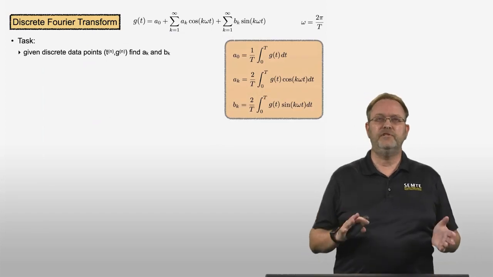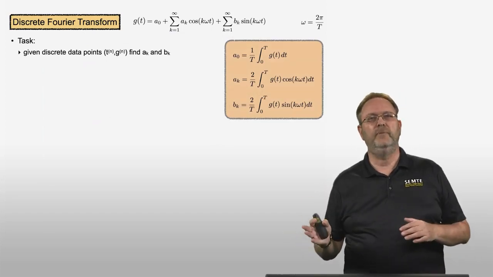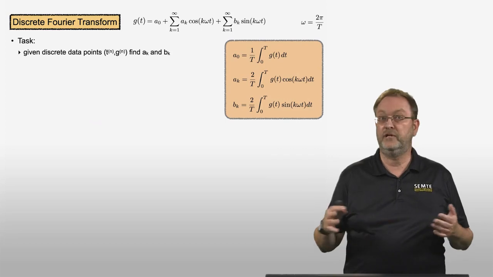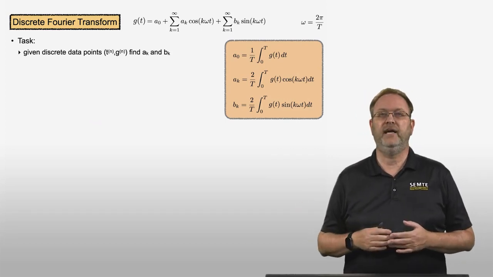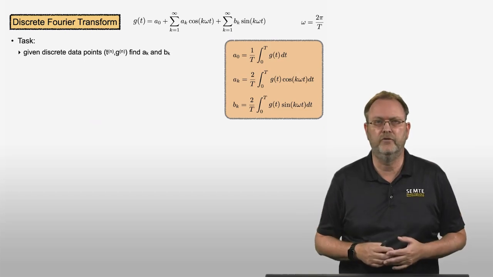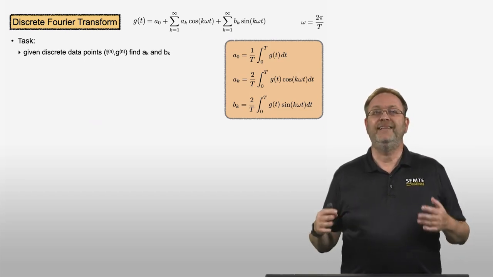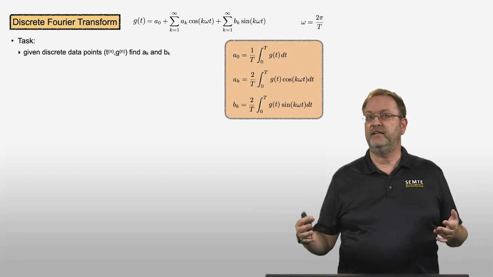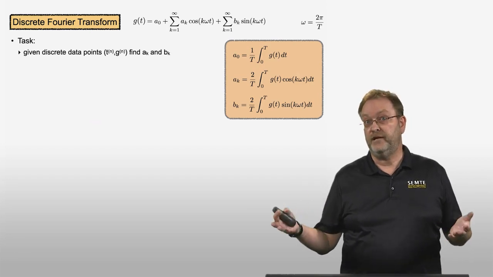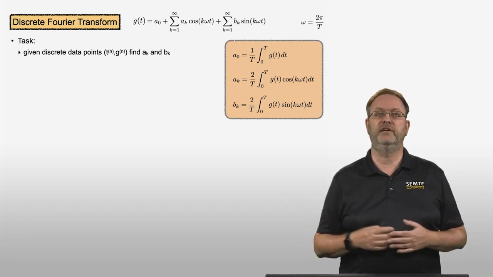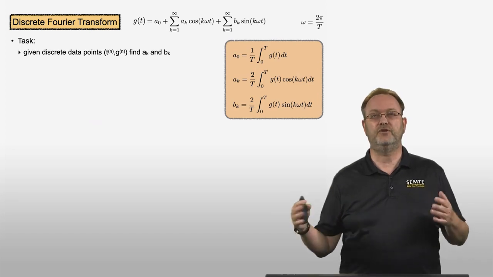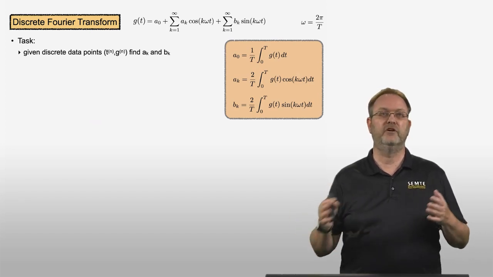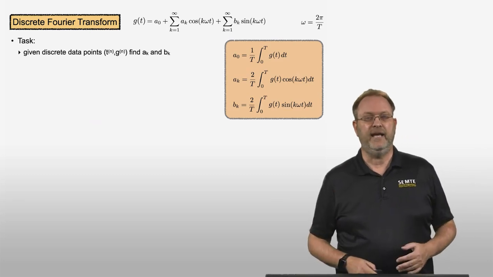Now, the difference between the discrete Fourier transform and the Fourier transform that we looked at before, where the equations to calculate the amplitudes are given here on the right, was that instead of having the analytical function g of t that we're trying to transform, for the discrete Fourier transform we have that function approximated by a set of discrete data points, so pairs of tn and gn.